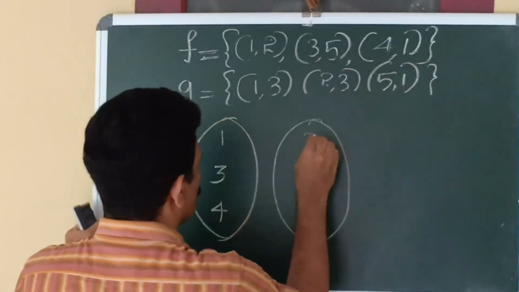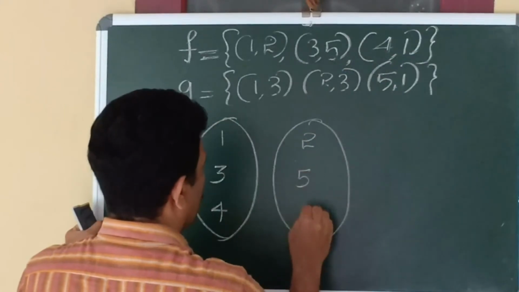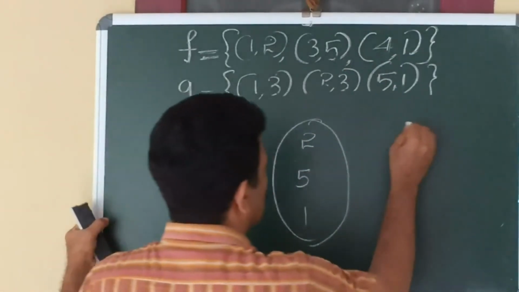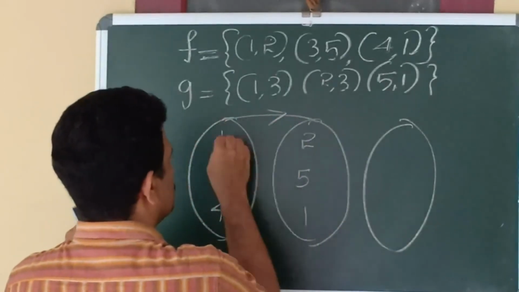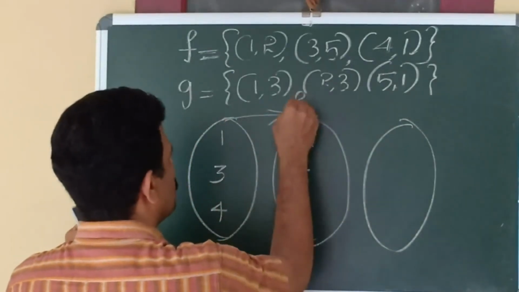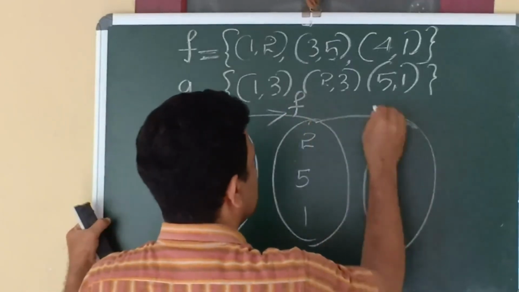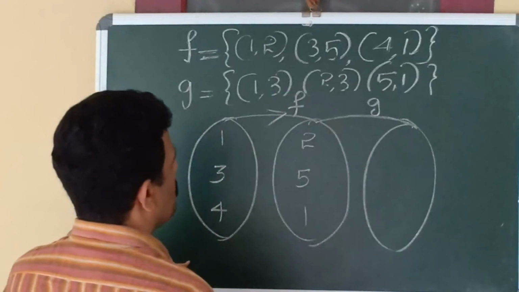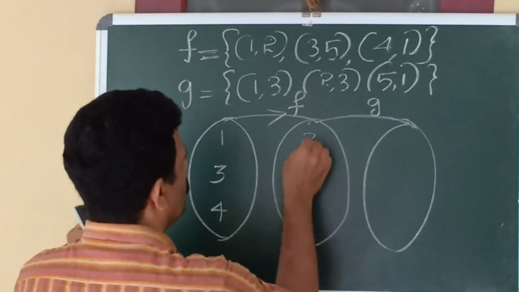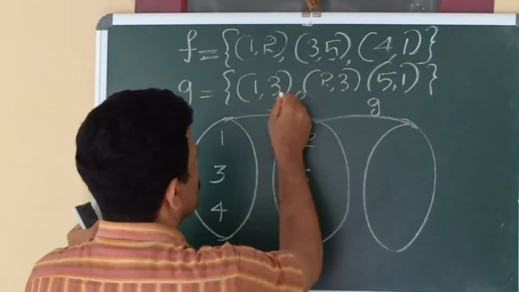And here is a function from this set into this set, that is f. There is another function g, that is from 1, 2, 5, 2, 3, 1.